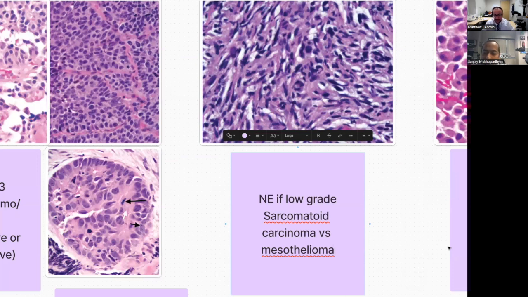One point I want to make, because you touched on a great thing: one of the most frequent errors I see in consult practice is people do their CK7 and CK20 and they do not include a pankeratin. That boggles my mind. Why would you not have a pankeratin stain in your department? If you have spent the money to get a CK7 and a CK20, just get a pankeratin of any kind. It is so helpful. So please do a pankeratin stain on your poorly differentiated cases.